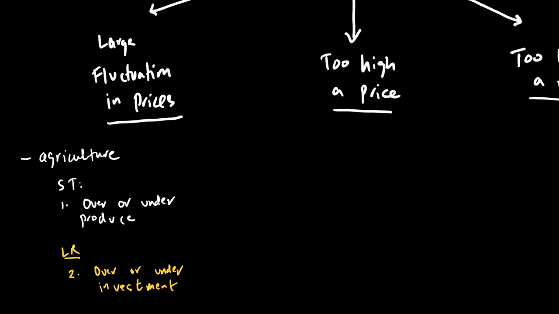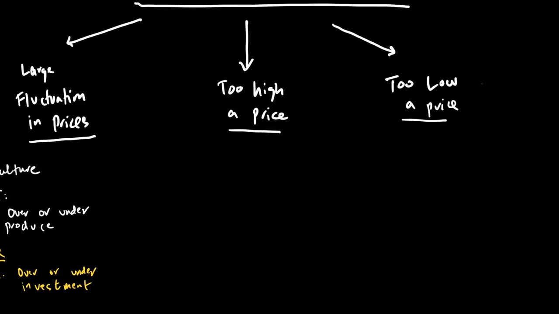The second need for government intervention starts when the price is too high. Too high a price is a good sign for the producers. We've seen this, but what if the good we're talking about is what we call a necessity? A necessity is a good we know is important for our survival.